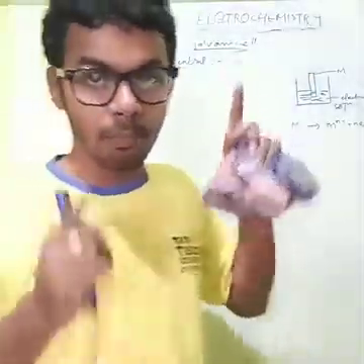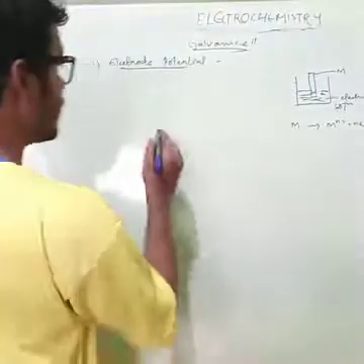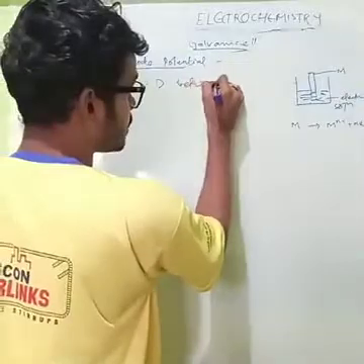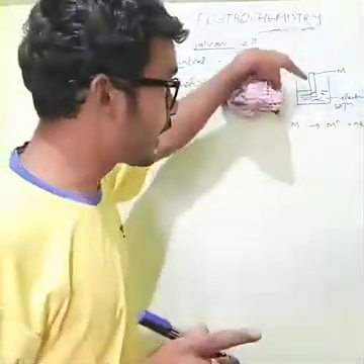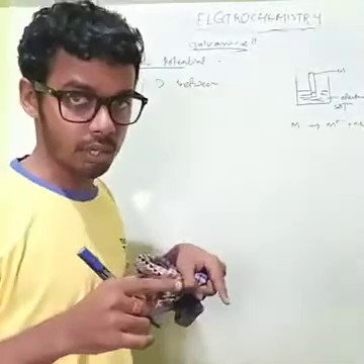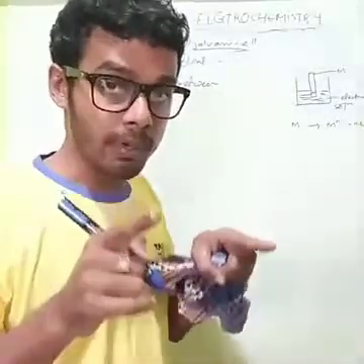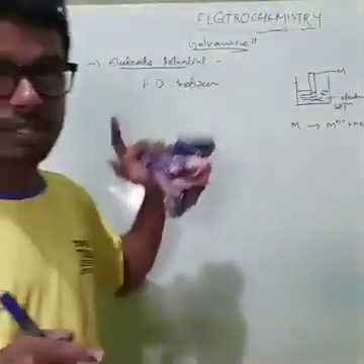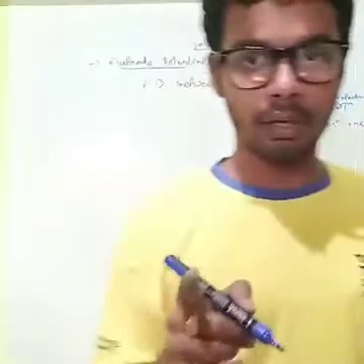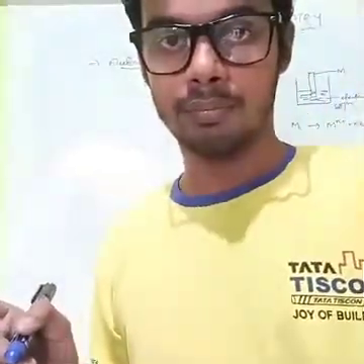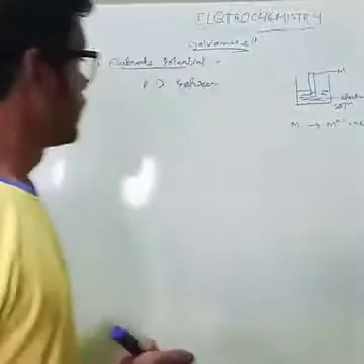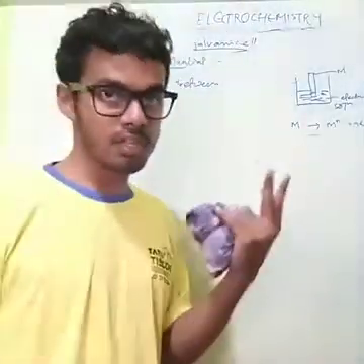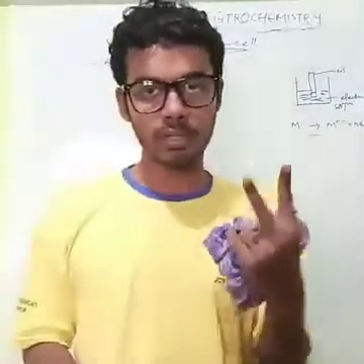The potential difference between the electrode and electrolytic solution at equilibrium is known as electrode potential. If it is oxidized, there is a redox reaction, meaning oxidation and reduction take place simultaneously.